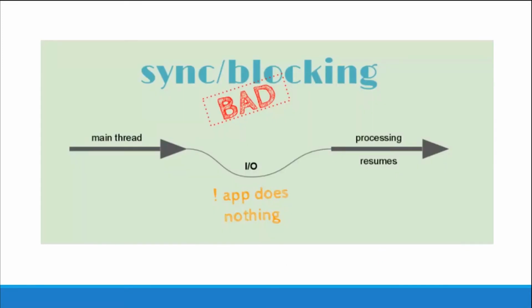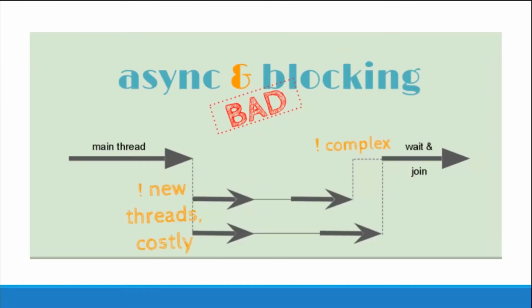So this is synchronous blocking. It's bad because once the main thread is executing blocking IO, the thread is doing nothing, just waiting for the kernel to return the relevant data. So it is bad for normal work. In asynchronous blocking, we are creating more threads and we do all the blocking operations there, and all the threads are waiting.